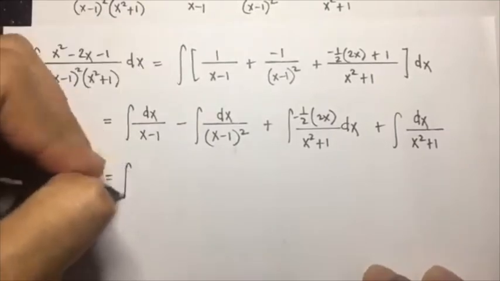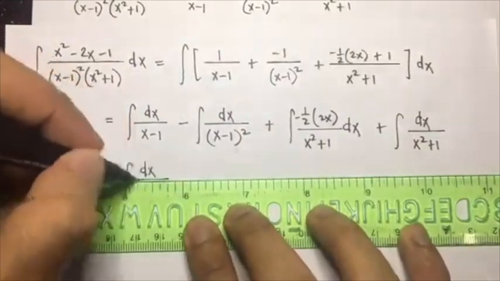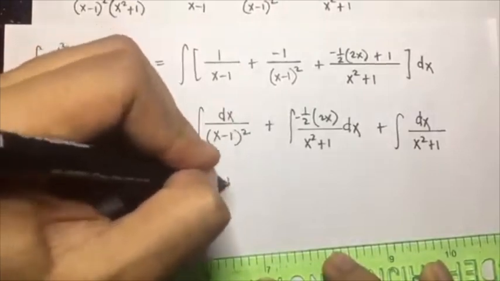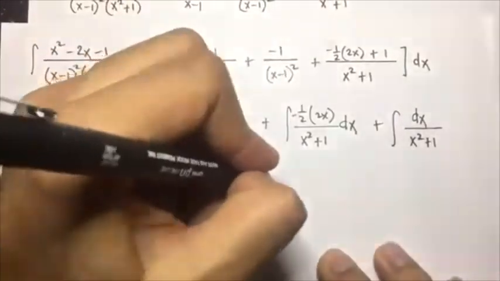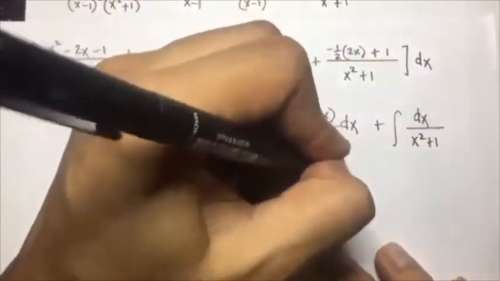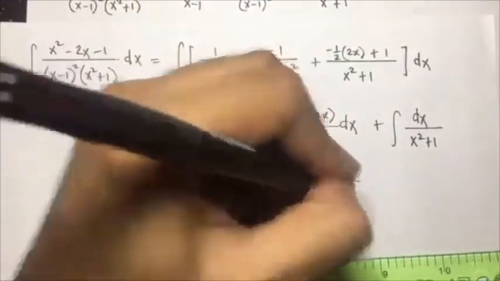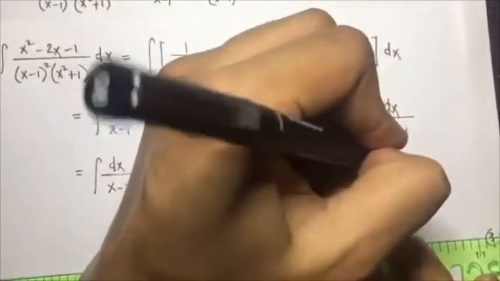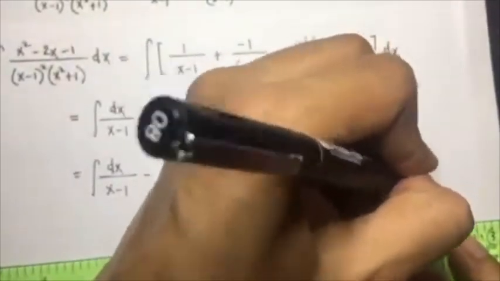So rewriting this: the integral of dx over x minus 1, minus the integral of (x minus 1) raised to -2 dx, minus 1/2 times the integral of 2x dx over x squared plus 1, plus the integral of dx over x squared plus 1.